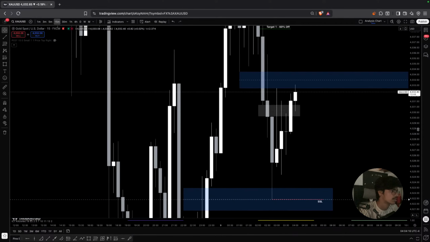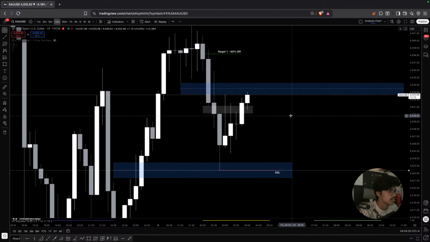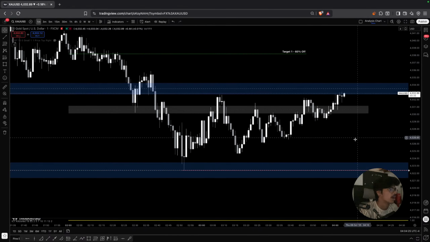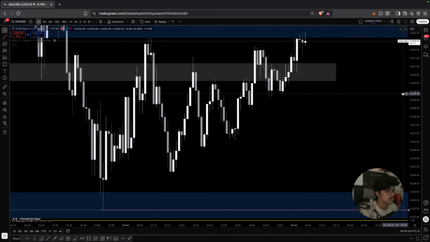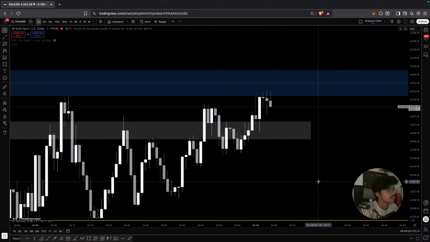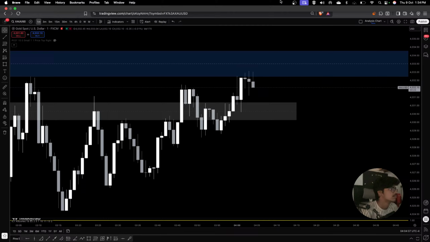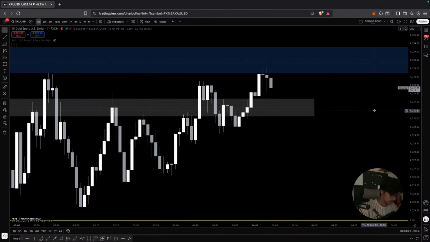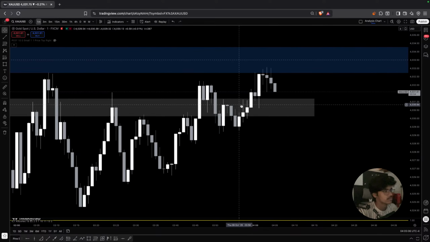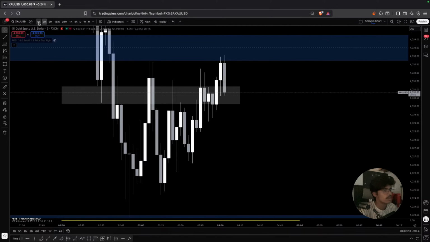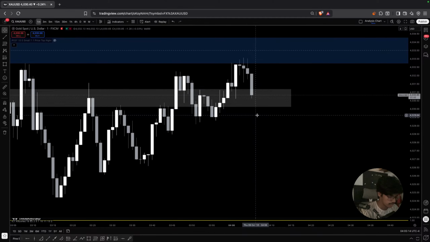3 minute. Okay, so there is a great movement we can see, but is there any FVG that is being inverted?